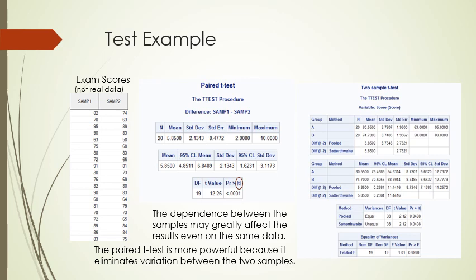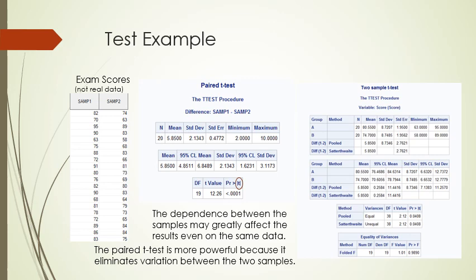In the independent two-sample test design, we don't form study pairs. We have the same exam scores, but the two samples are independent. In this case, we should use the independent two-sample t-test, and the results are shown here at the right.